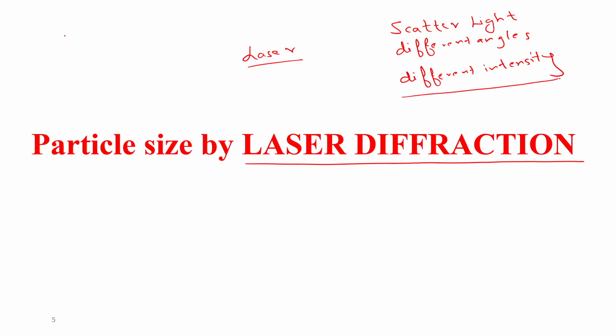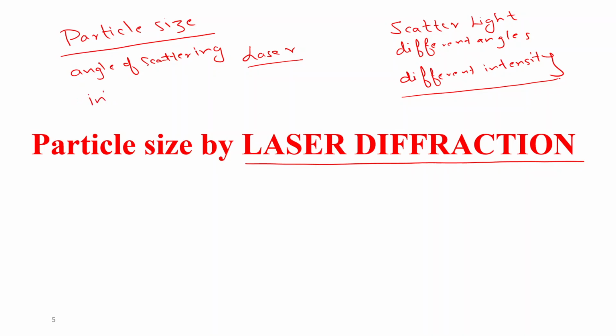And that is meant to say that particle size is the function of angle of scattering as well as the intensity of the scatter light.